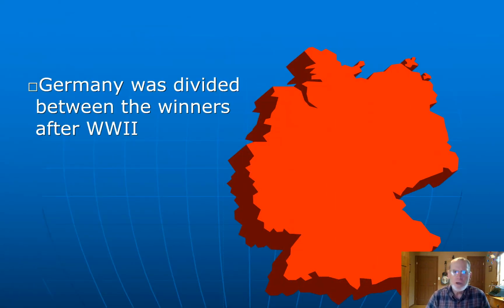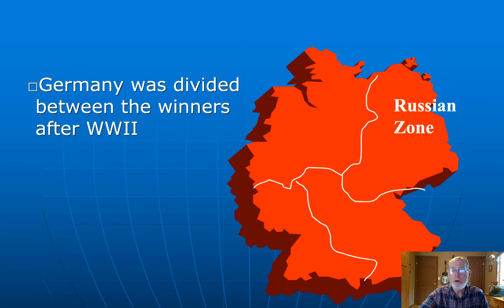So what was the Berlin Airlift? Well, if we remember, Germany at the end of the war was divided between the winners after World War II, and there were four of them. First of all, the Russians kept that part of Germany under their control.